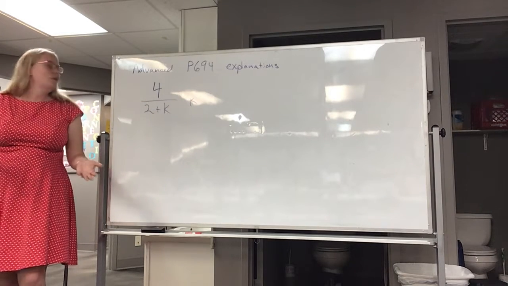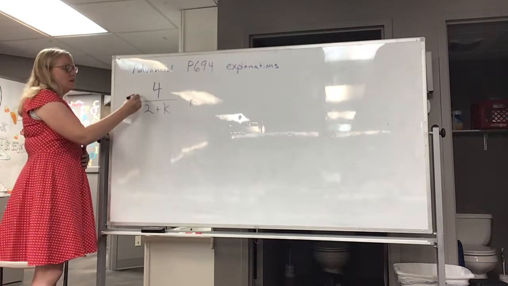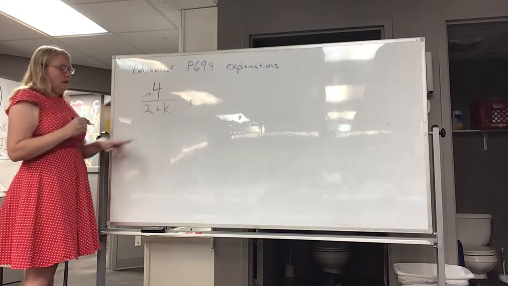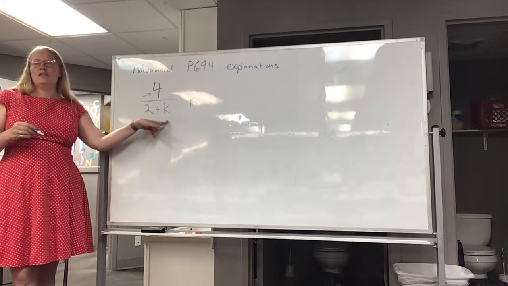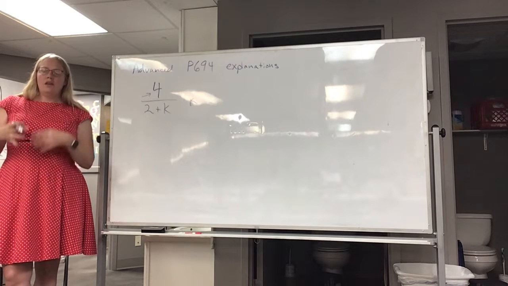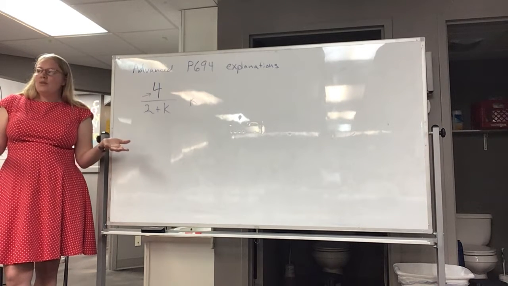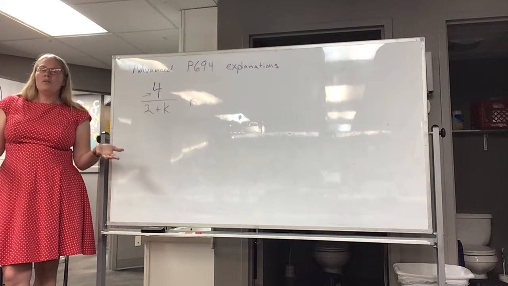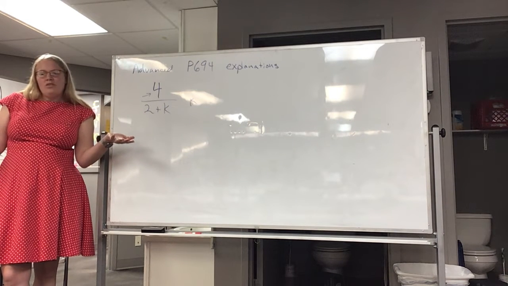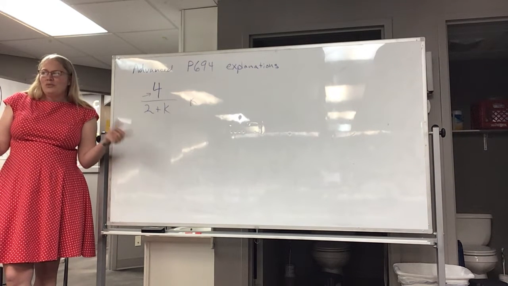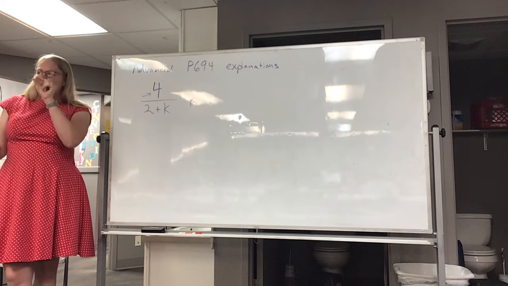what happens. What's going to happen is, even though this is 4, if k is a ridiculously large number, if we have to share 4 pizzas between 2 million people, it's not even worth standing in line to get your slice. There's going to be little teeny pieces left.